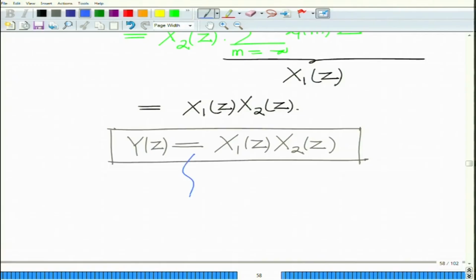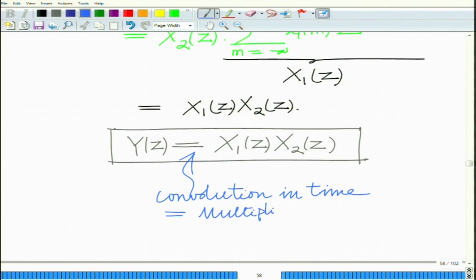Okay. So, this is an interesting property which says that convolution in time is multiplication in the z transform domain.